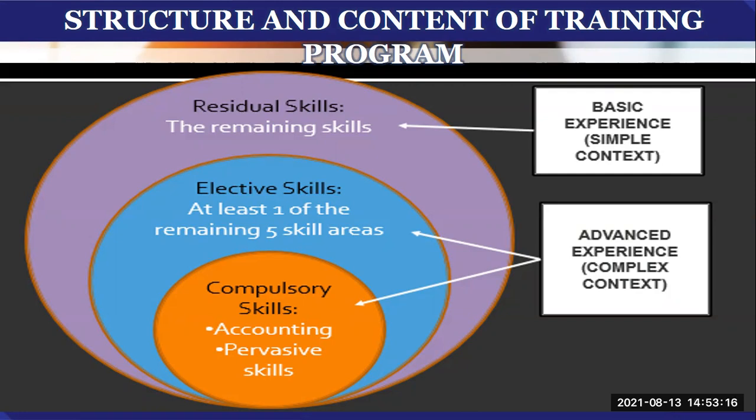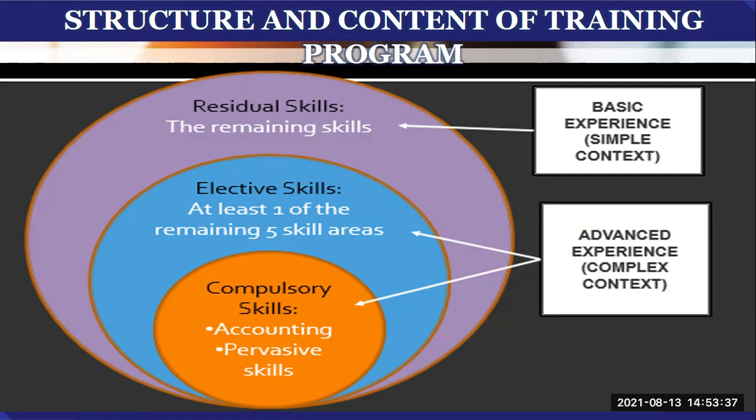So you'd find that someone who is attached to an auditing firm is likely to have an elective skill that is audit and assurance, whilst someone who is in taxation is likely to have an elective skill which is taxation. So what does selecting an elective skill mean?